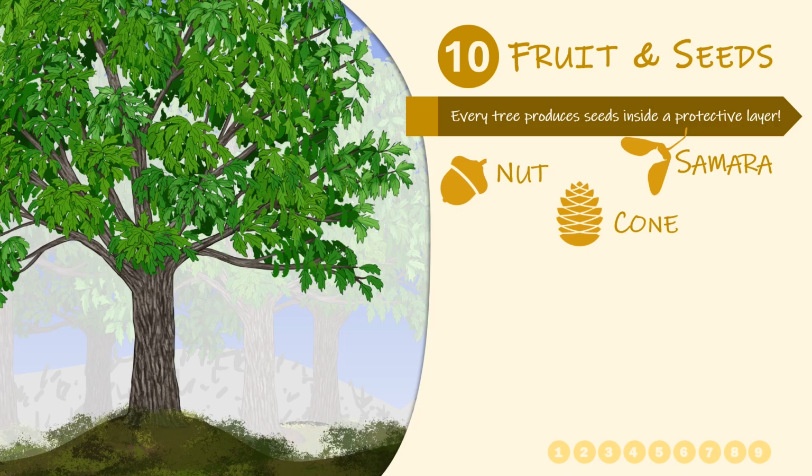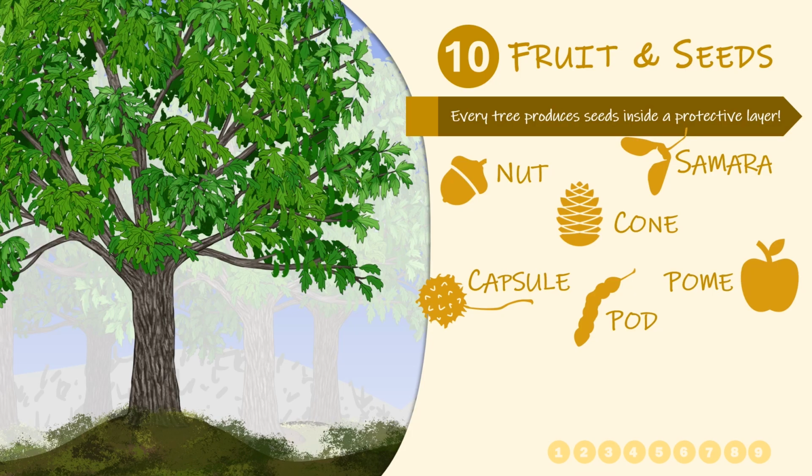As kids, we fondly called maple samaras helicopters for the way that the paired samaras flutter to the ground. Capsules that form the spiky balls from sweet gum trees, pods from locust trees that look like overgrown bean pods, pomes, the fleshy fruit from the rose family, like apples, stone fruits or drupes that have a single hard pit like peaches, and berries like persimmons that have many seeds inside.